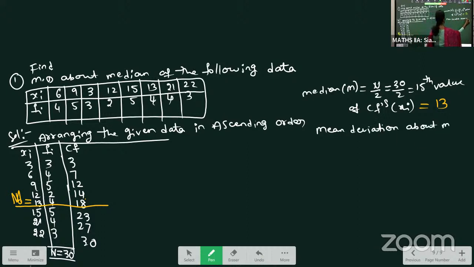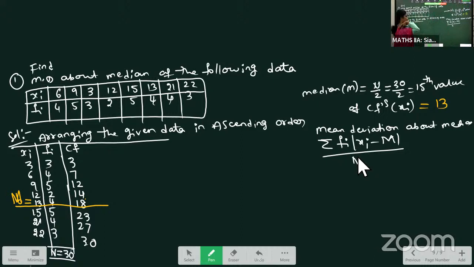Mean deviation about median formula for grouped data: sigma fi mod xi minus capital M, divided by capital N. Now, what is xi minus M? We have to draw the table.